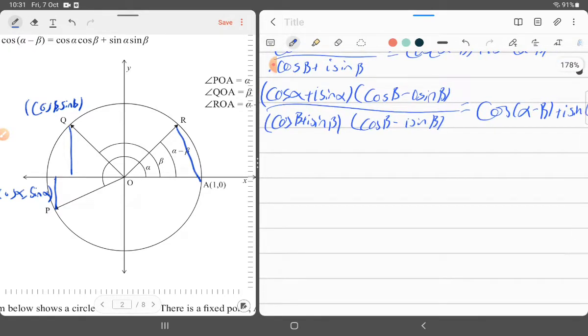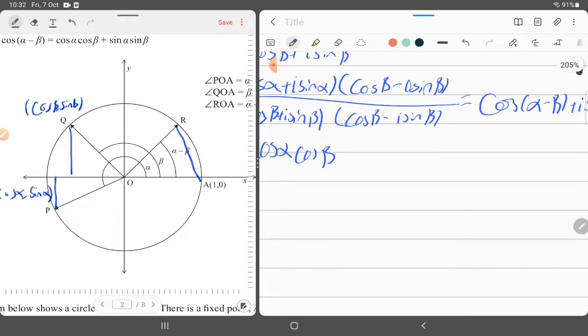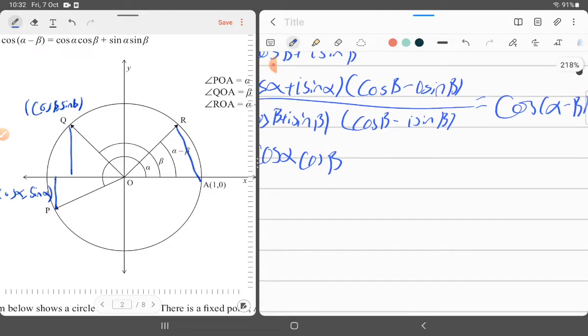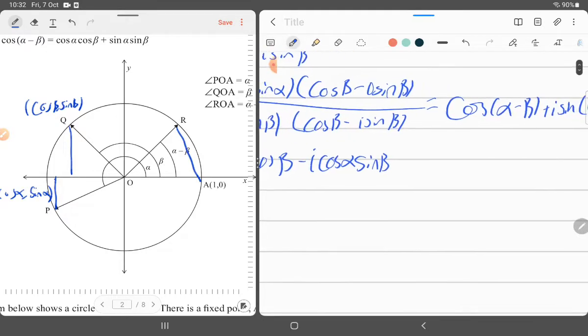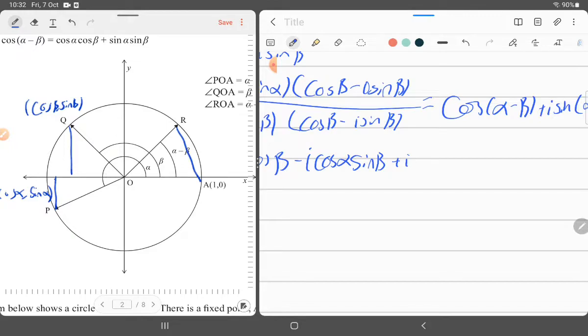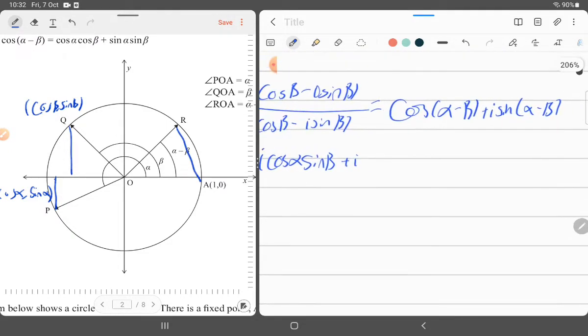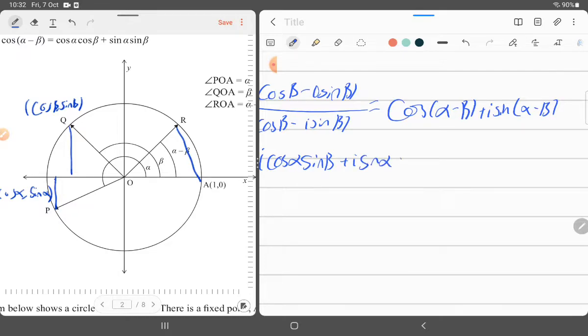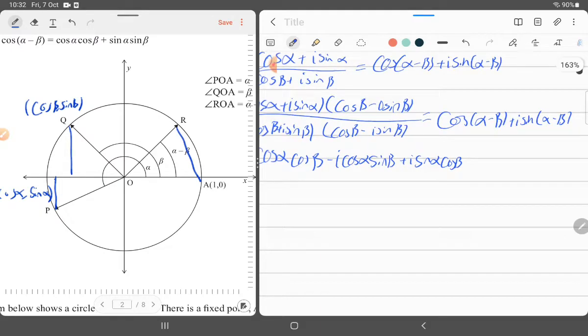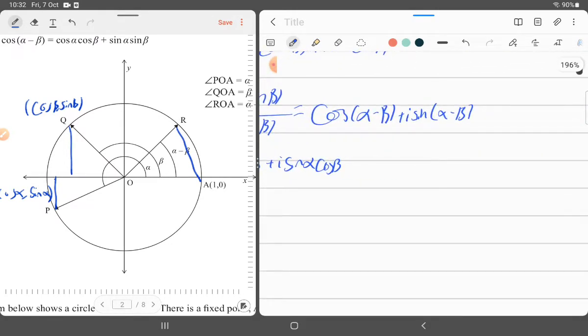That creates cosine alpha cosine beta, take away i cosine alpha sine beta, plus i sine alpha cosine beta, plus sine alpha sine beta.